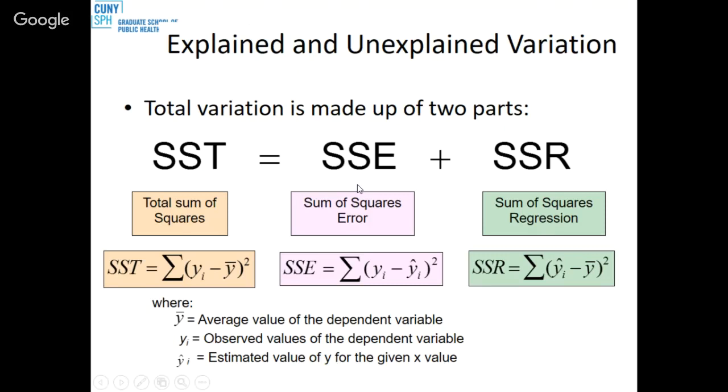So in that case, do you remember what the F statistic was? It was the ratio of the explained variability, that would have been the sum of squares of the regression, to the residual variance, or the sum of squares of error.